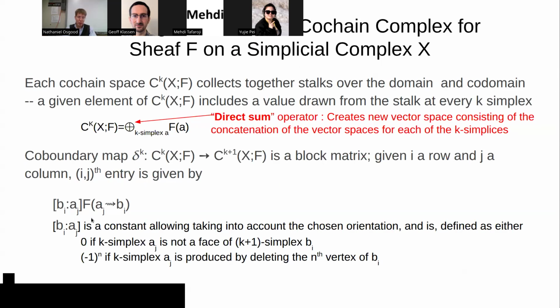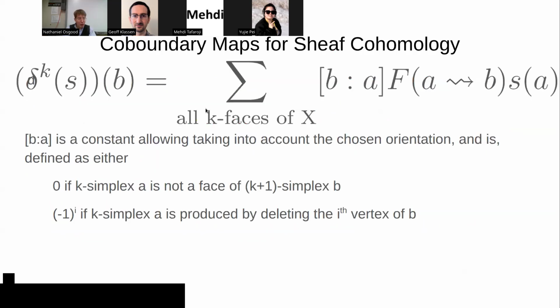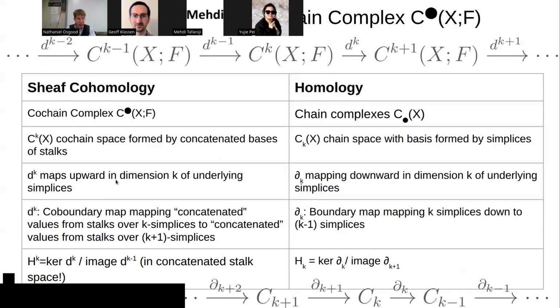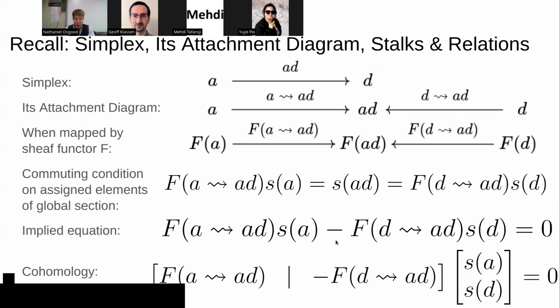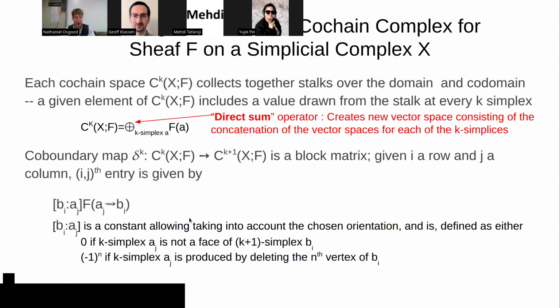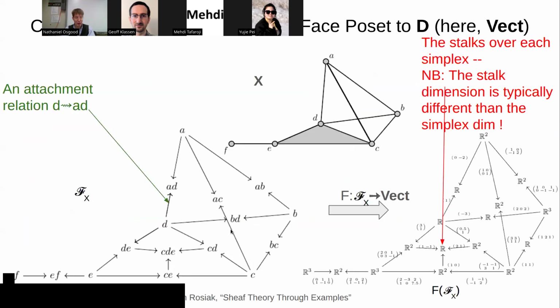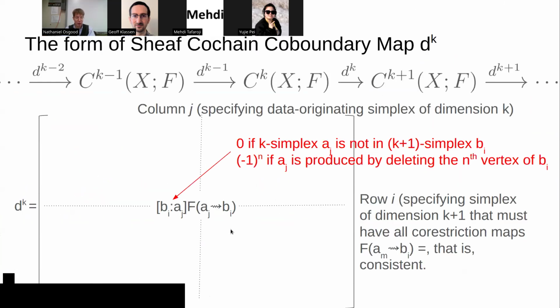Okay. So again, unpacking it, the coboundary map is composed of these blocks, one for each of these things. What does it look like? Well, I'll show you what it looks like. It looks like this.